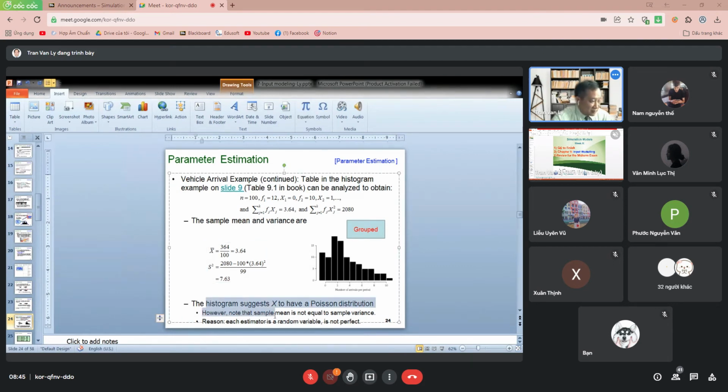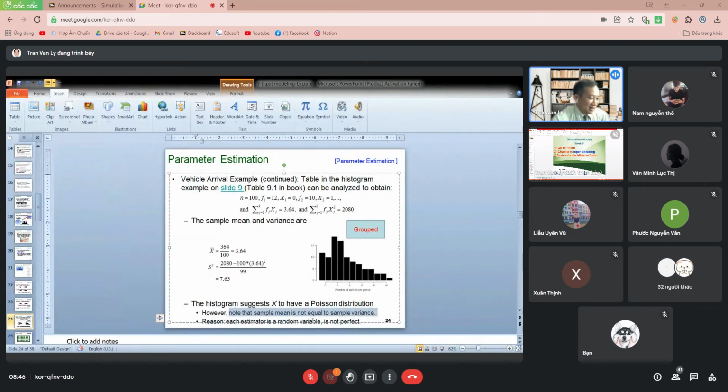Next. We see it is a Poisson distribution. What should we do? We see the sample mean is not equal to the sample variance.